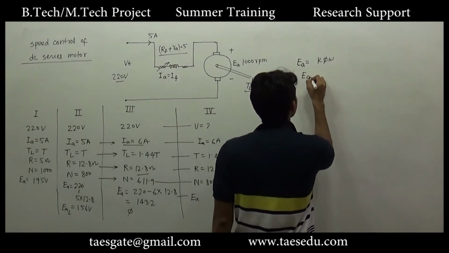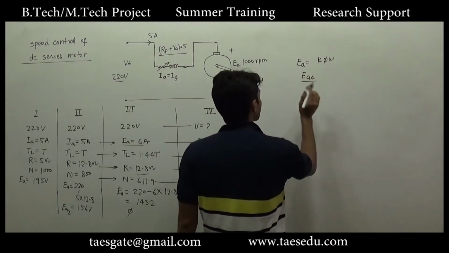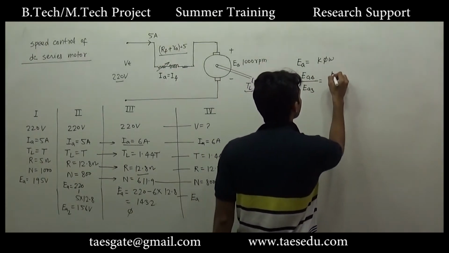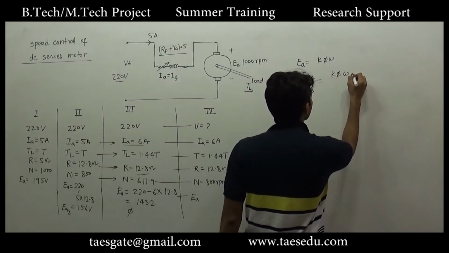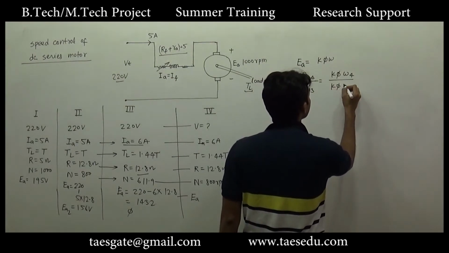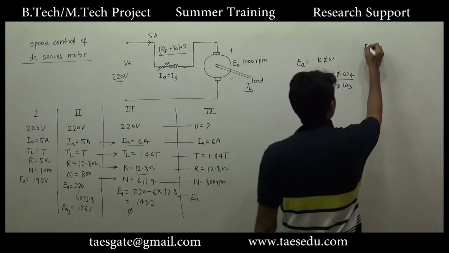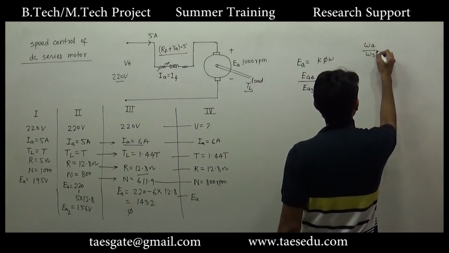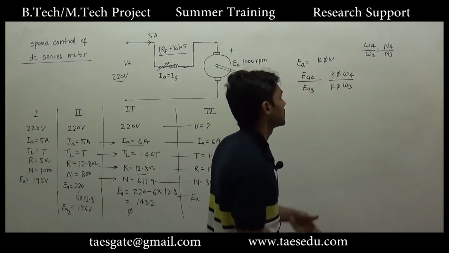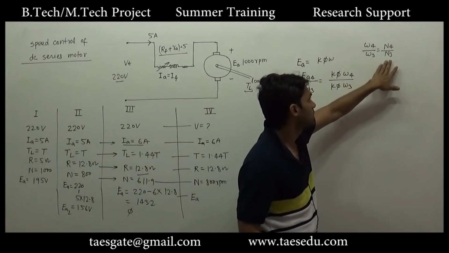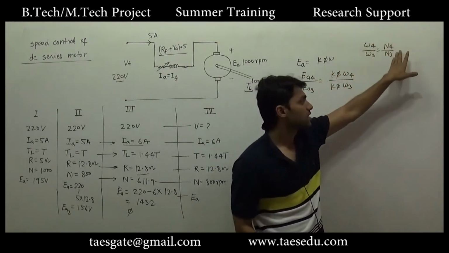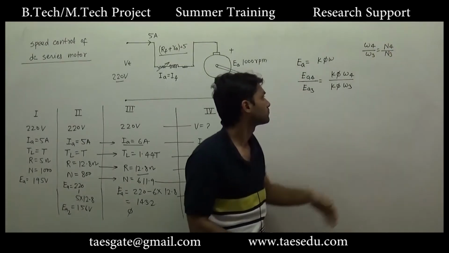So if you write EA4, suppose in the fourth case armature voltage is EA4, divided by EA3 will be K phi omega 4 divided by K phi into omega 3, and omega 4 by omega 3 will be n4 by n3. Both quantities are ratio of speed. Here we have taken speed in radian per second and here in rpm, but the ratio will be same.